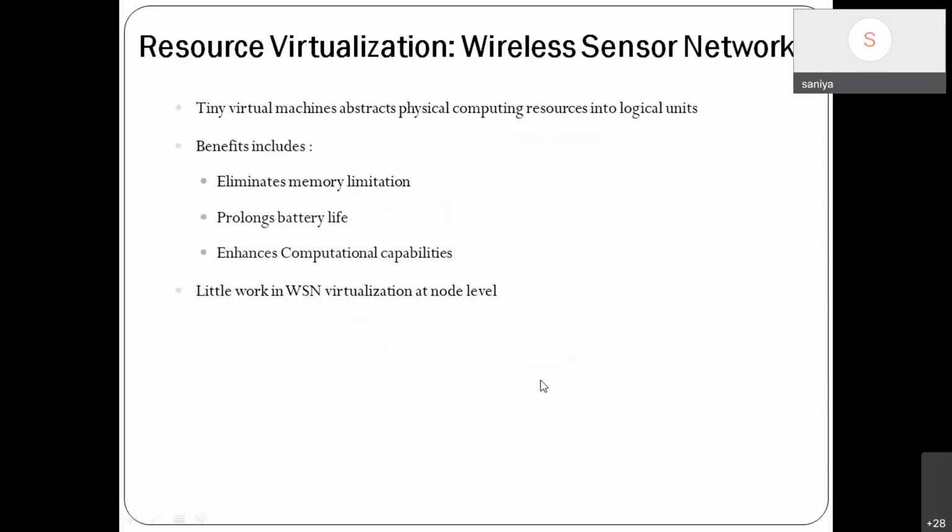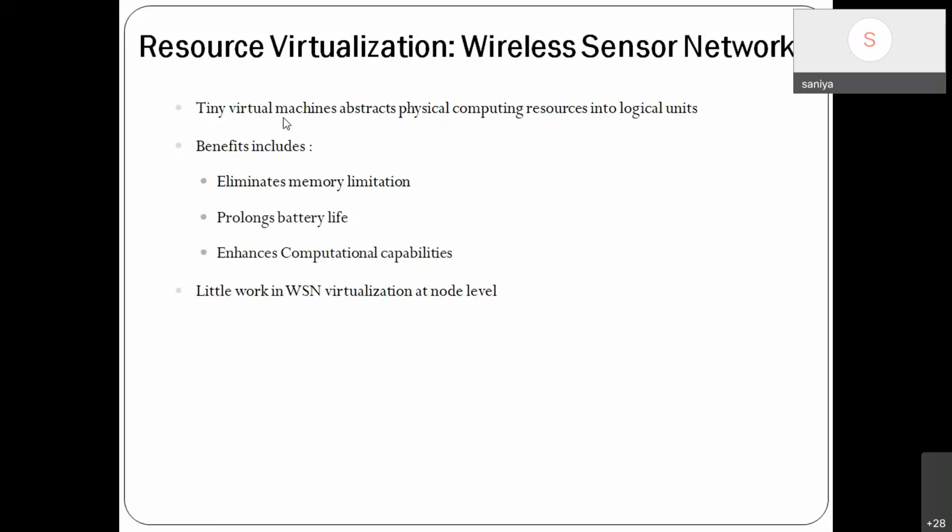There is also work on resource virtualization in WSN. For that we use tiny virtual machines. The concept of container-based virtualization is somewhat relevant to tiny virtual machines, but we use tiny VMs for resource virtualization in WSN. The benefits are that it eliminates the memory limitation, prolongs battery life, and enhances computational capability.